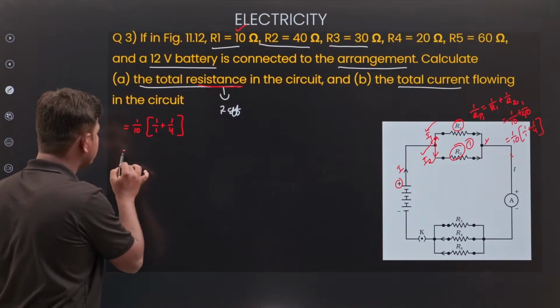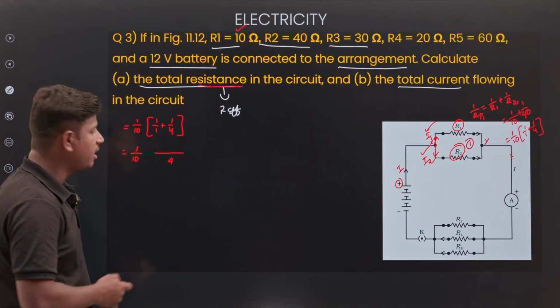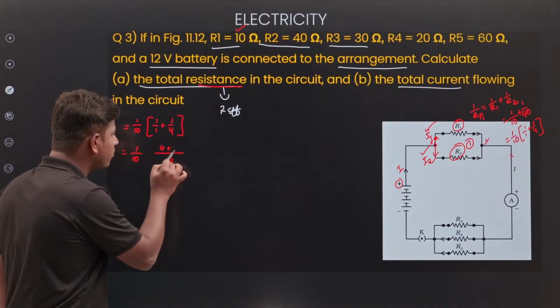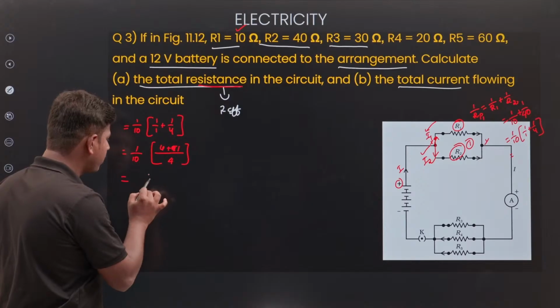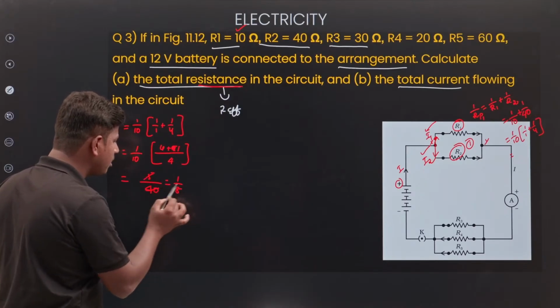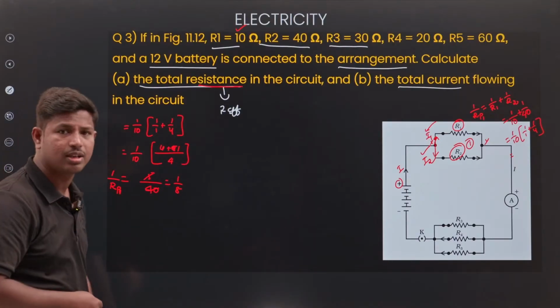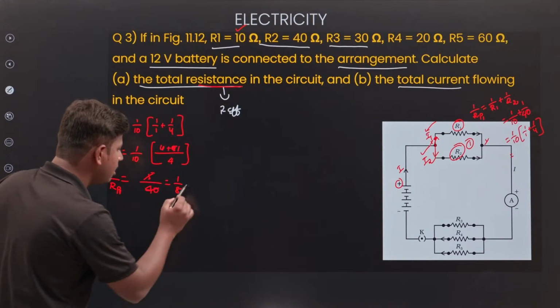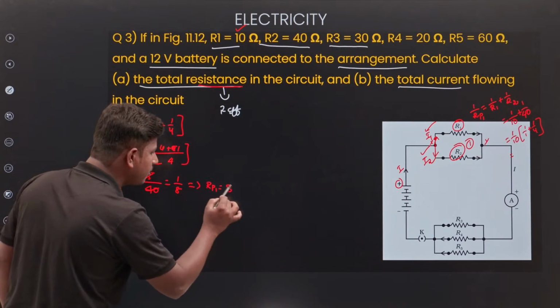LCM is 4, so 4 plus 1 is 5, 5 by 40, which is 1 by 8. So for the first circuit diagram, Rp1 is 8.